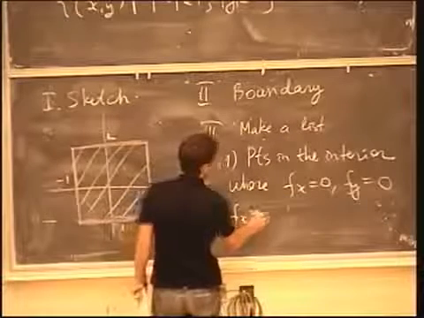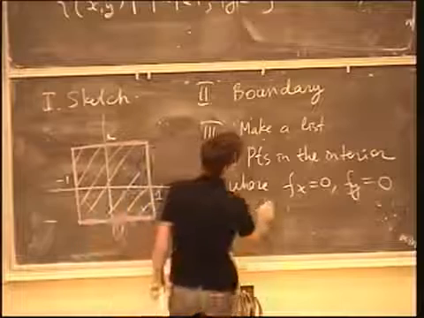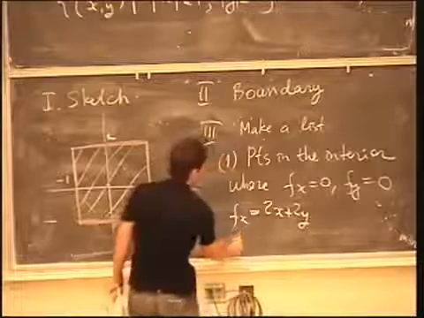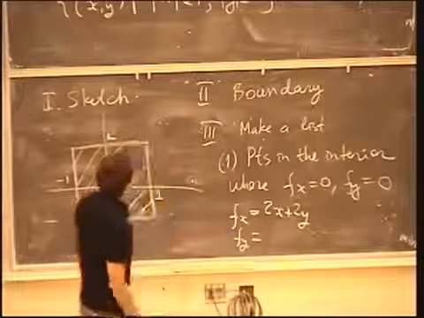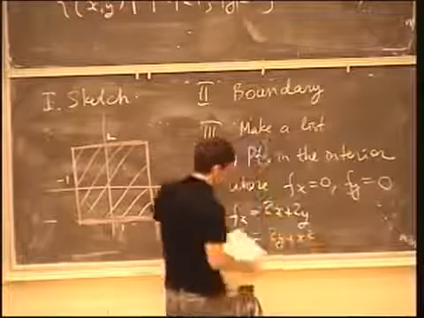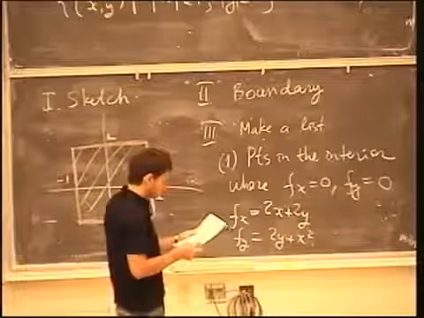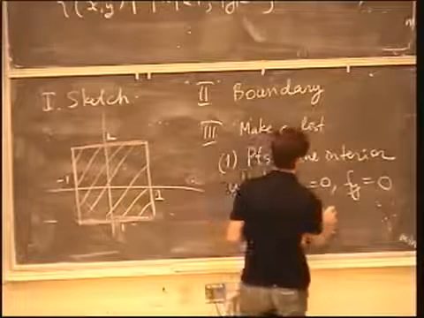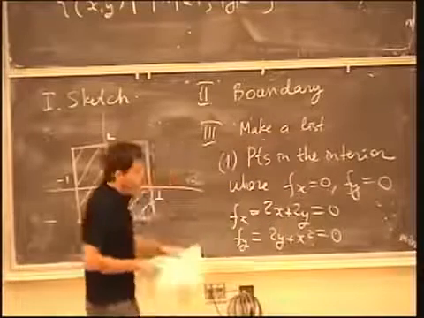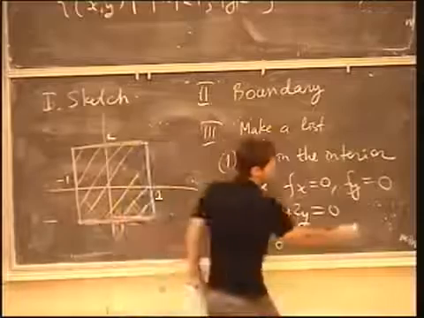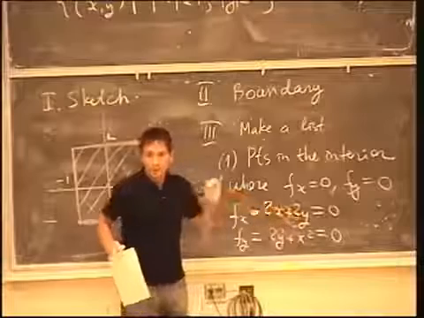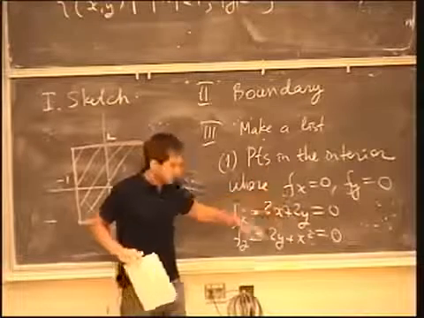So I have to calculate what is f_x and what is f_y. f_x is 2x plus 2xy, and f_y is 2y plus x squared, right? So we have to set this equal to 0 and this equal to 0. Since I'm running out of time, let me just go to the next step. So you solve these equations. It's very easy, right? So this is the first group of points that you get on your list.